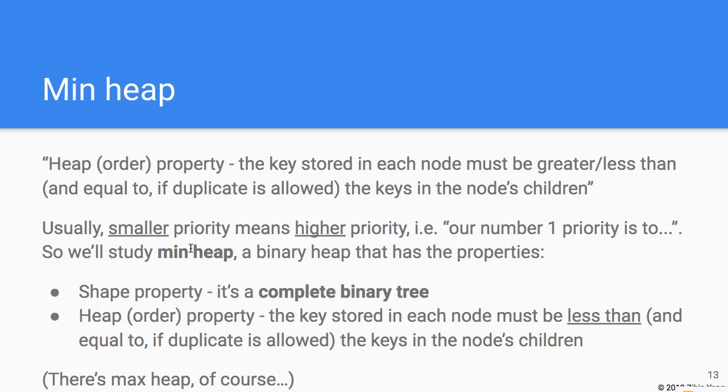So we'll study what's called a min heap, and that min heap is one of the binary heaps that has the shape property, that it's a complete binary tree, and the heap order property, then, is the key stored in each of the nodes is less than the keys in the node's children. And obviously when you see the word min heap, there's also the max heap, but again, we only worry about min heap from now on.